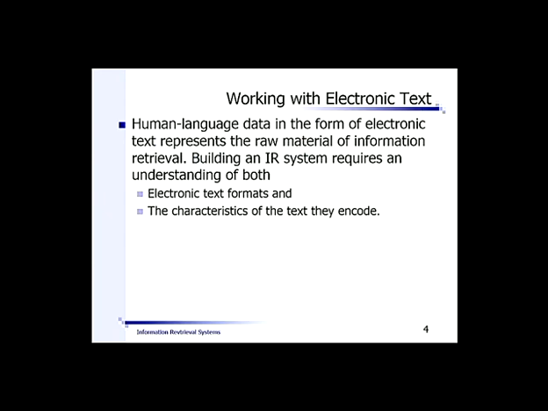Human language data is the raw material for information retrieval systems. All IR systems work on human language text or data, which we also studied in the last lecture. If we want to build an information retrieval system, we need to understand two things. First, the electronic text format, and second, the characteristics of the text that these formats encode.